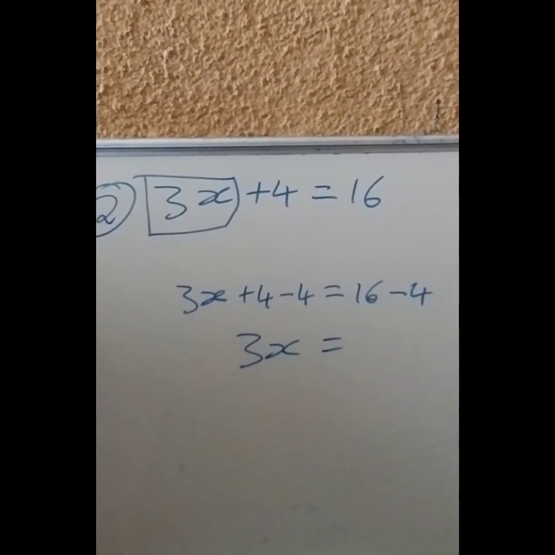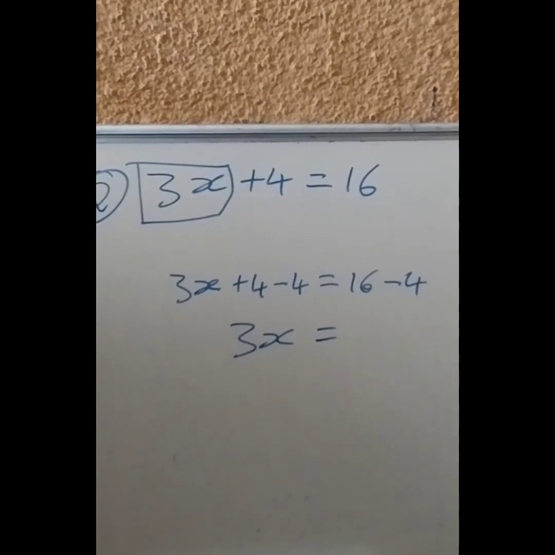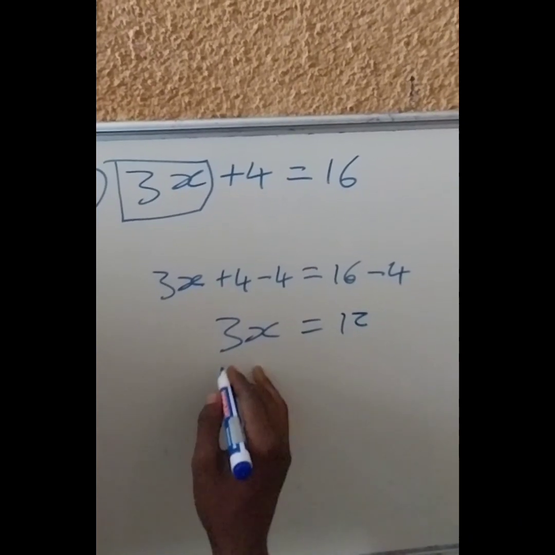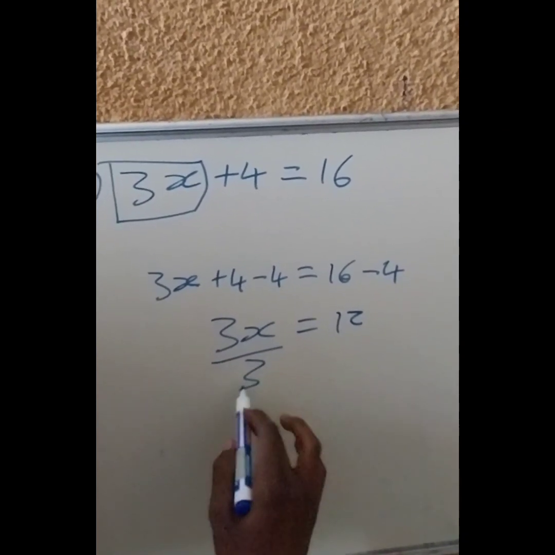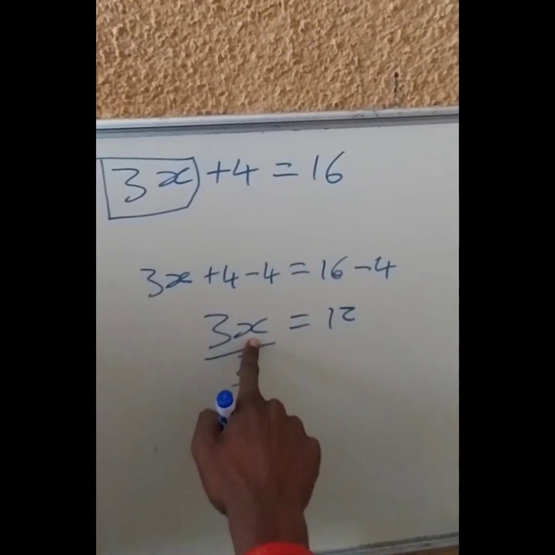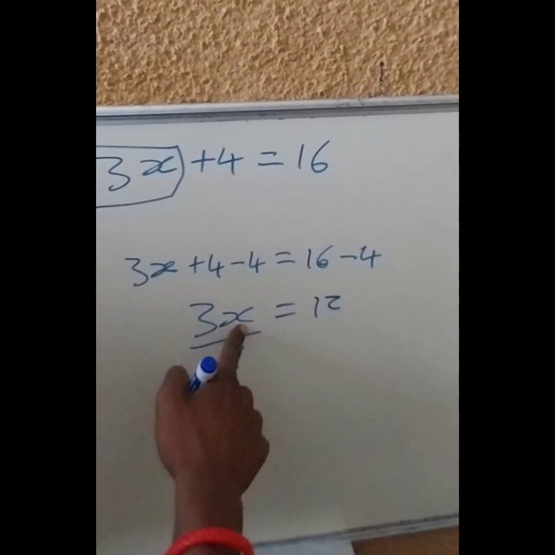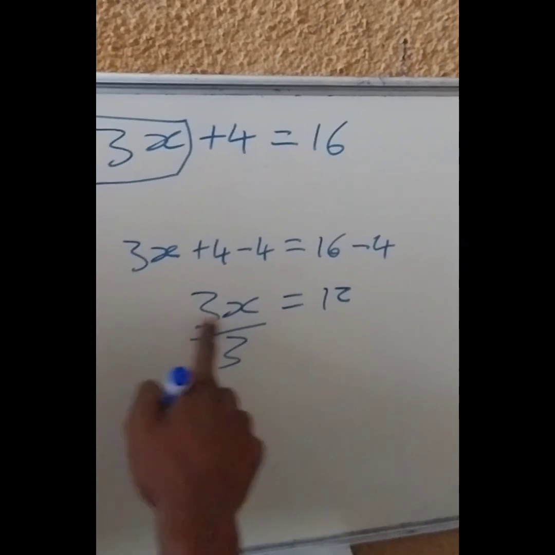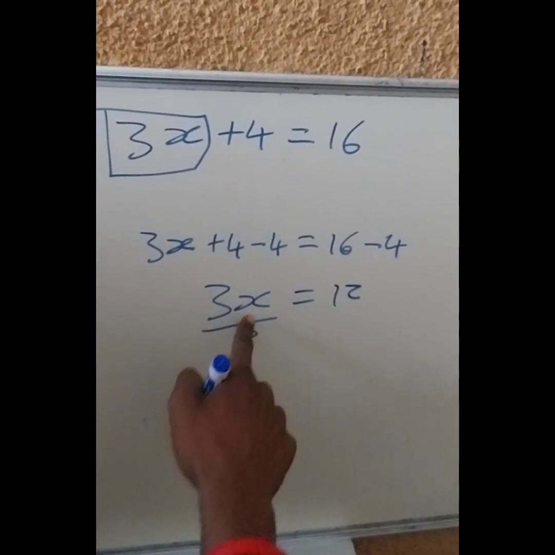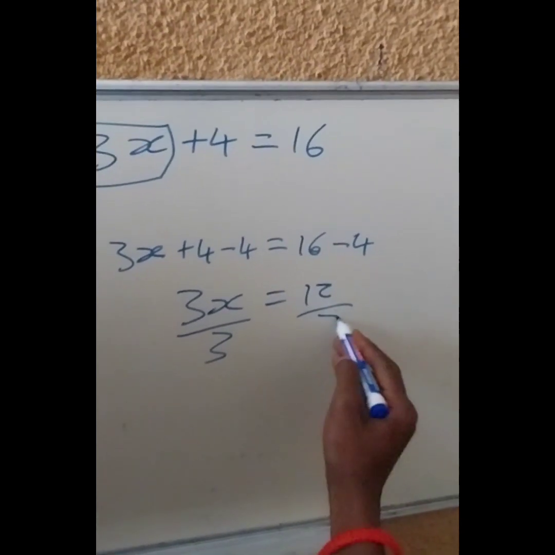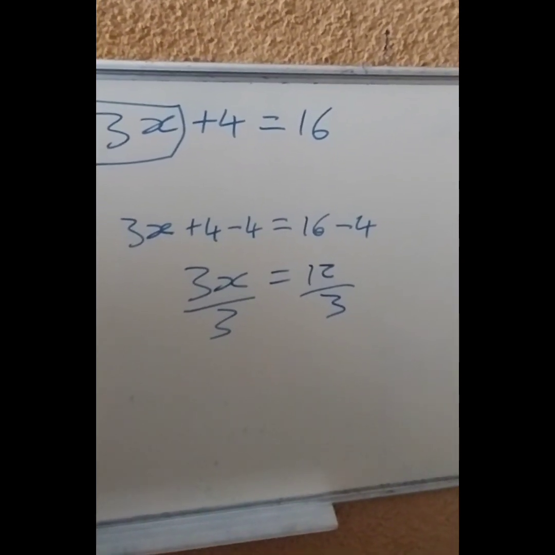Therefore, also punch our calculator on the right hand side, and the answer is going to give us 12. We then divide both sides by 3. Why? Because we want to find the value of X. Therefore, we divide on both sides by the coefficient of X, meaning on this side we are also going to divide by 3.